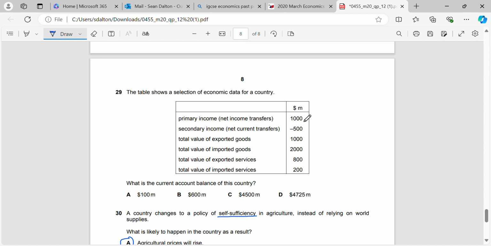So if we go through these, primary income minus secondary income gives us a net figure of plus 500. Now we take away our goods, so our exports from our imports. 1000 minus 2000 is minus 1000.